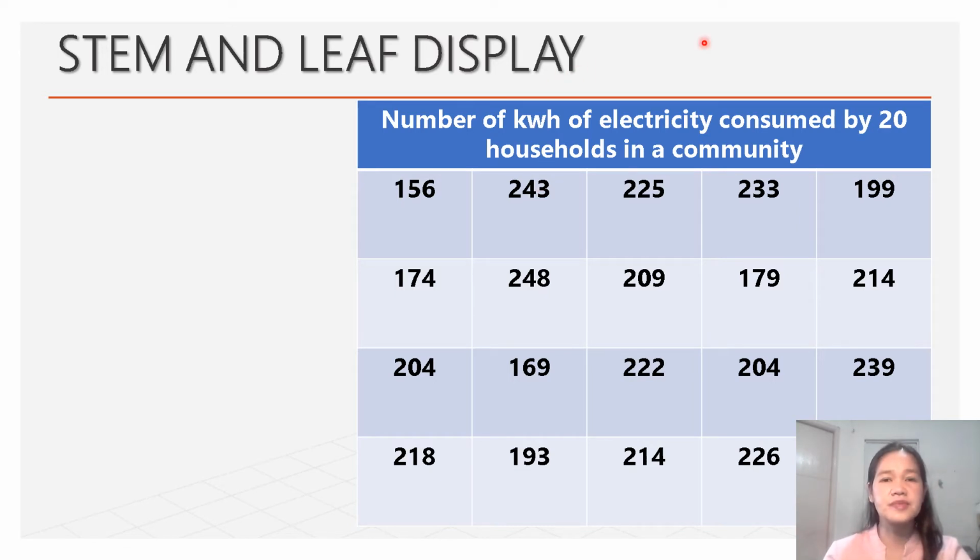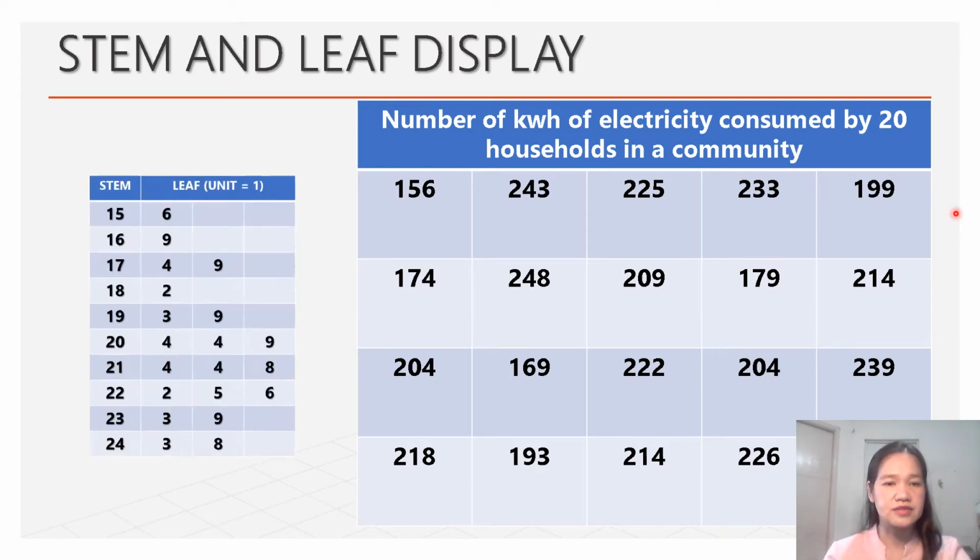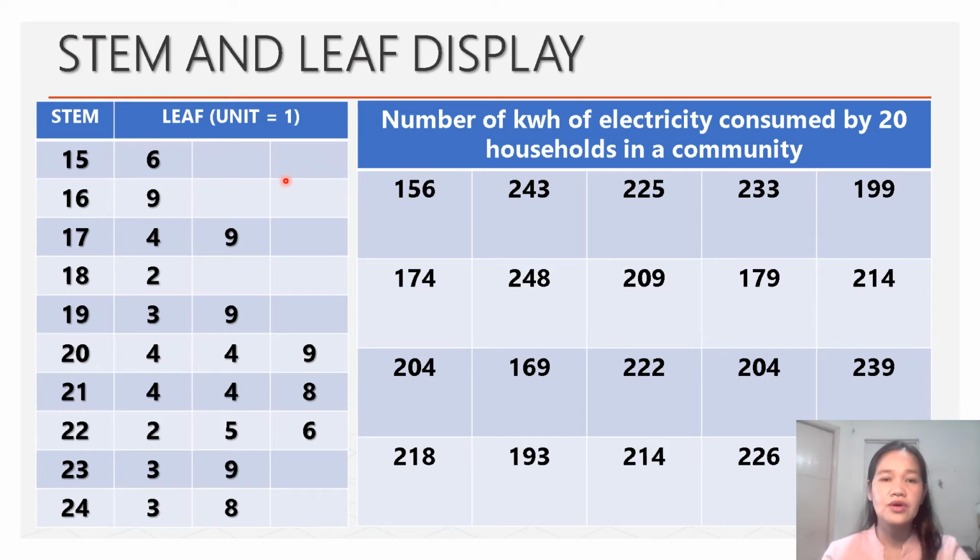The data set is separated into leading digits known as the stems. This is now the data set using the stem and leaf display.